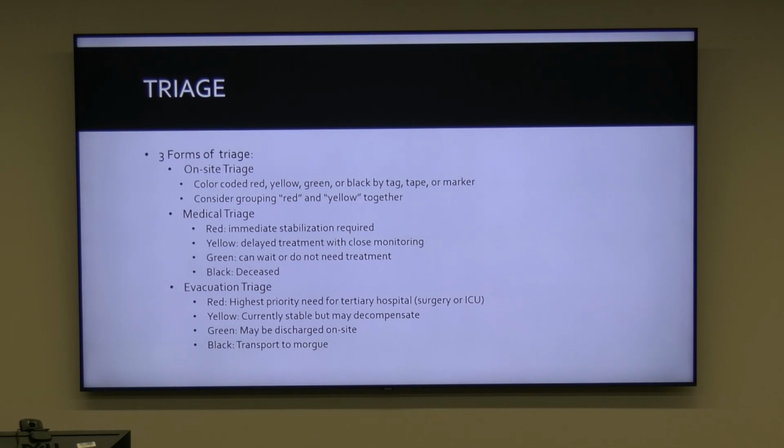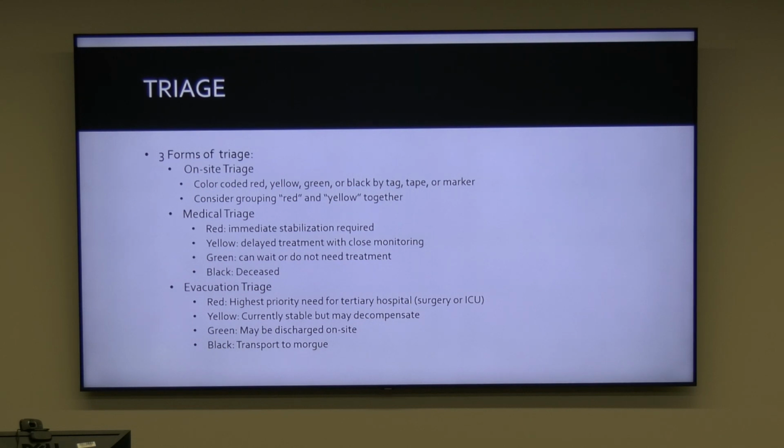Yellow is people that have delayed treatment with close monitoring. These are people that might not be crashing currently, but they are at risk of crashing fairly soon, so they need to be monitored closely. And then green are people that can wait or do not need treatment.